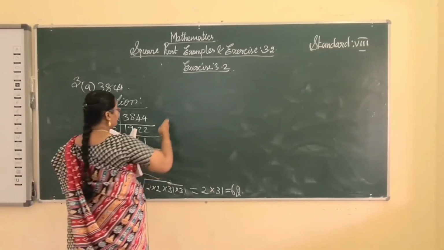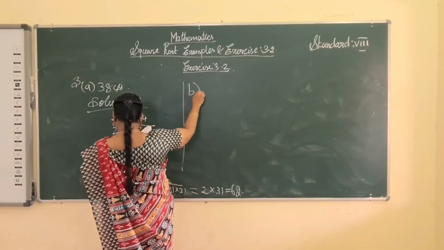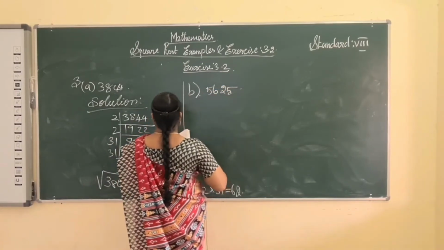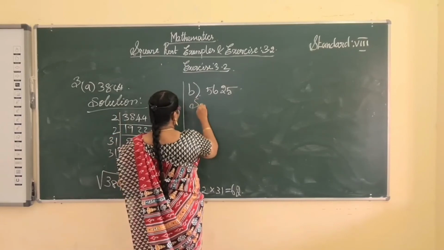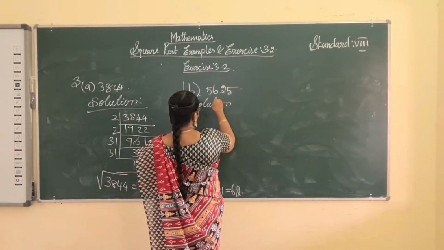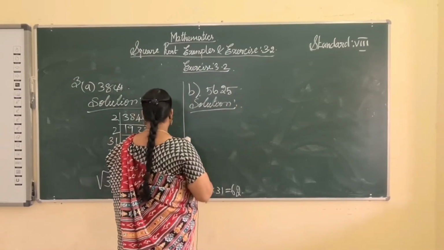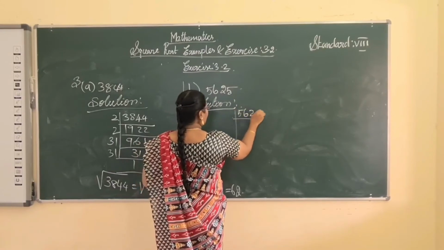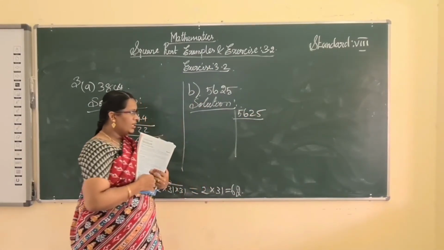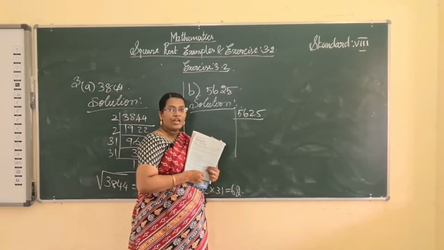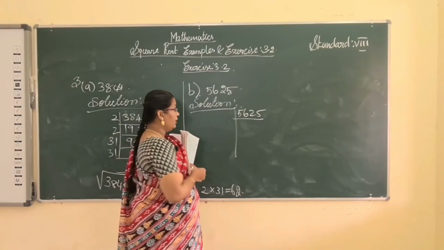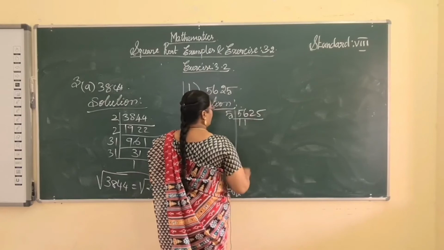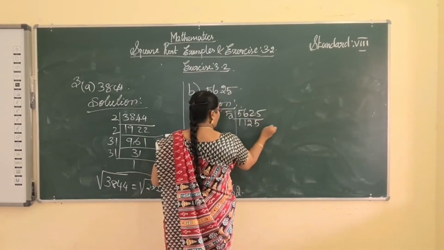And next one, B: 5625. Solution. The first prime number is 2, but here the number ends with 5, so we use the prime number 5. 5 1s are 5, 5 1s are 5, and remaining 1. 5 2s are 10, 5 5s are 25.